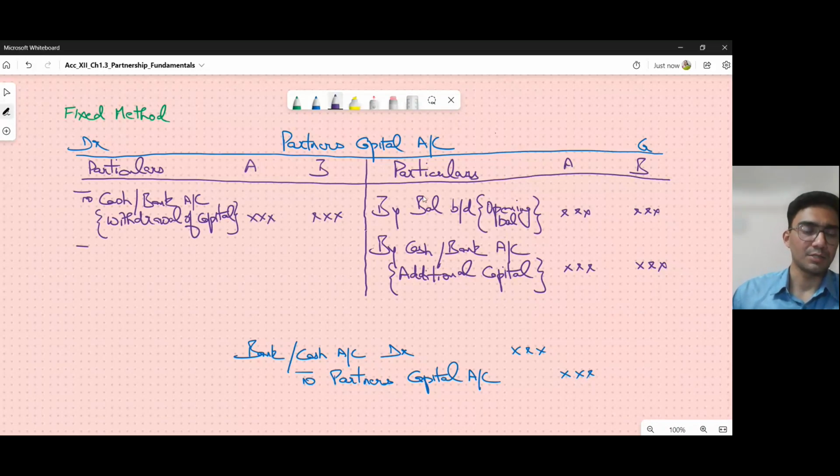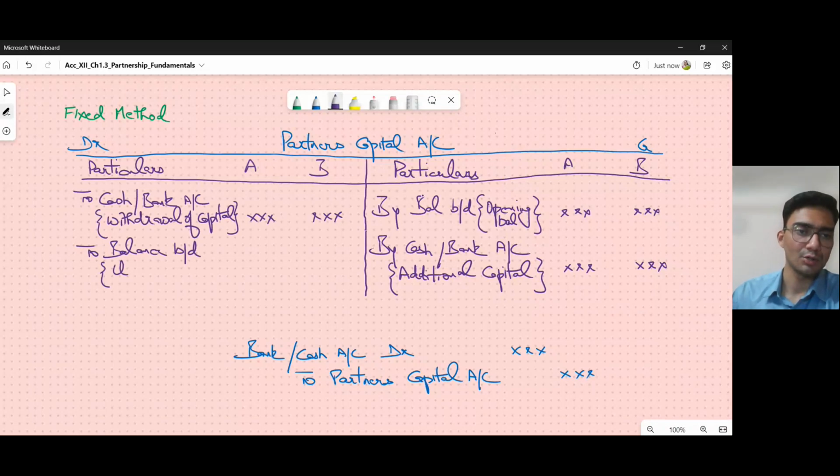And the last entry, which will come in this account, will be the closing balance. As we know, a capital account always has a credit balance, so the closing balance will come on the debit side. So, to balance brought down.